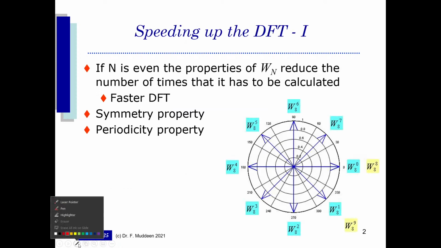In reviewing what we did in Monday's lecture, we saw that in using the DFT, we had something referred to as twiddle factors here. And these twiddle factors had a symmetry property and a periodicity property that we could take advantage of to reduce the number of calculations required in order to obtain our discrete frequency representation.